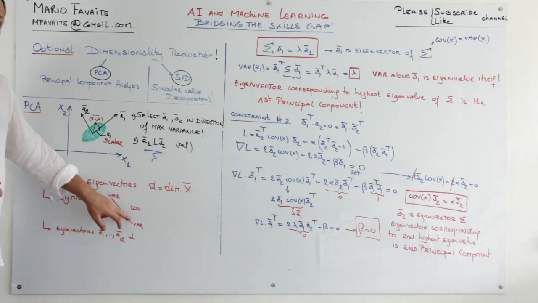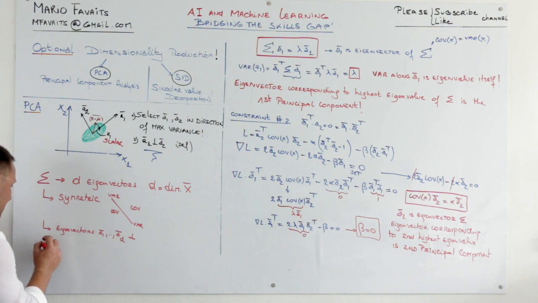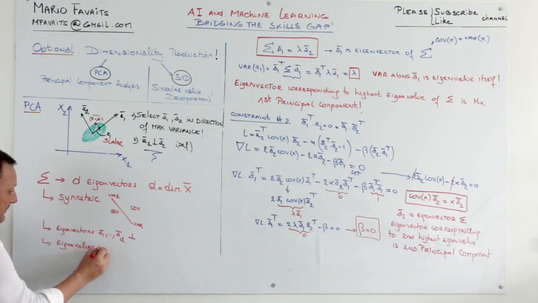Since we talk about variances here on the diagonal, variances are always positive, so the eigenvalues will be positive.